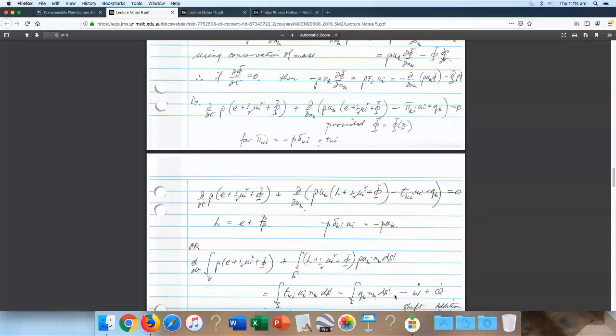But because it works with vectors, vectors don't depend on the orientation of the coordinate system. I can always have a step in space, which is a vector, and it doesn't matter which coordinate system I have. So I write my equations in terms of stresses and forces. Forces are vectors.